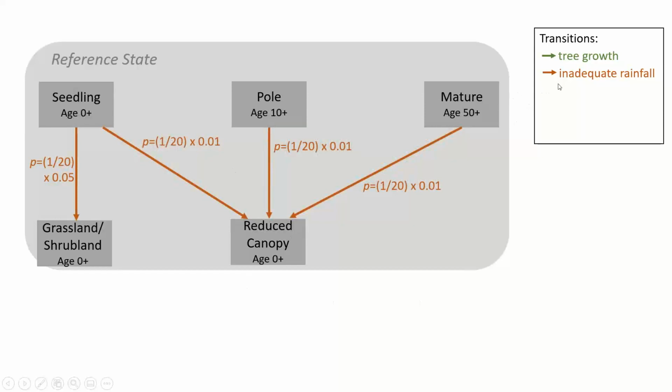The next one we modeled was inadequate rainfall, and that basically moved a particular cell, if it was in a seedling, pole, or mature state, down into this reduced canopy, or sometimes into grassland, shrubland. And again, to estimate these probabilities, this was done in a workshop.